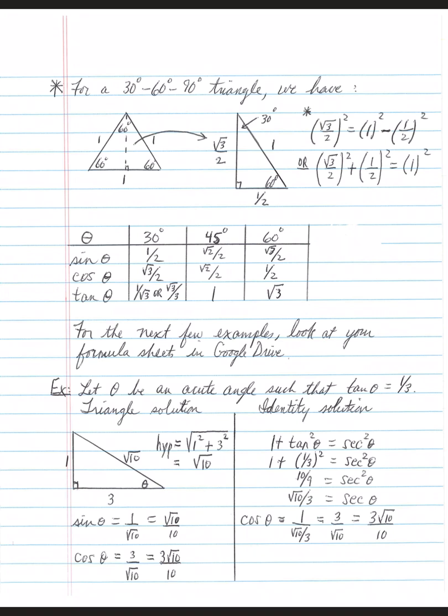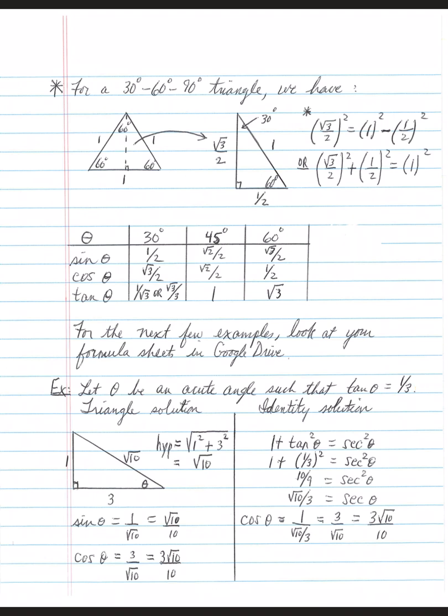There are identities in your Google Drive folder for this class. One identity given is 1 plus tangent squared is equal to secant squared theta. Well, we calculated tangent. Actually, it was given. We didn't have to calculate that one.